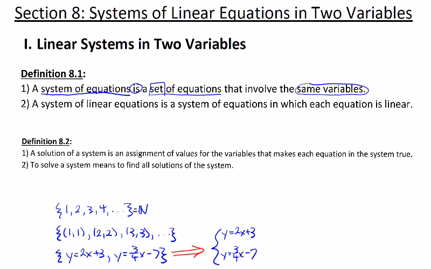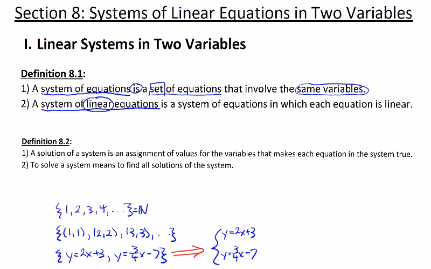And another part of the convention is that you don't put an ending curly brace on the right. This is all you need to represent a system of equations. And if there's 3, then you just list all 3 of them vertically, however many equations you may have.